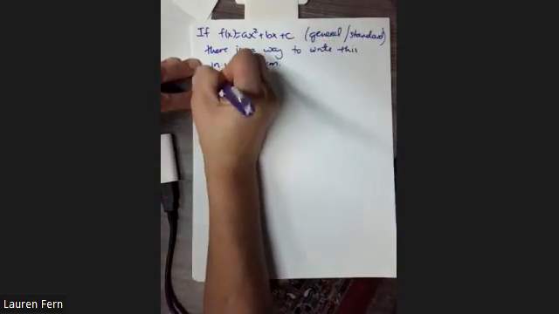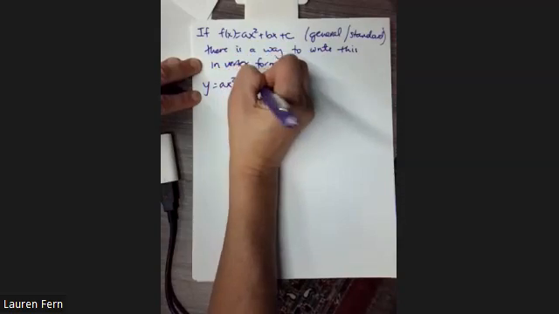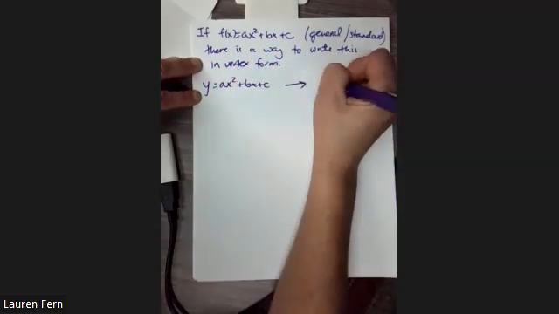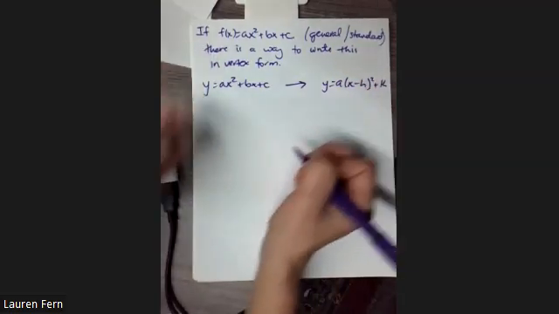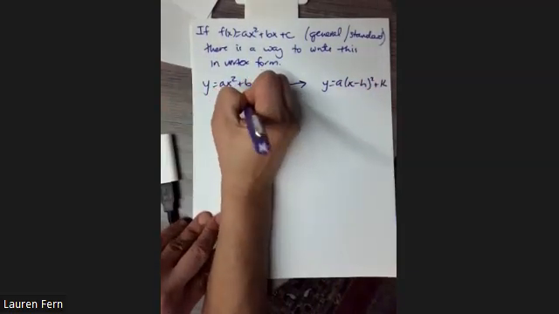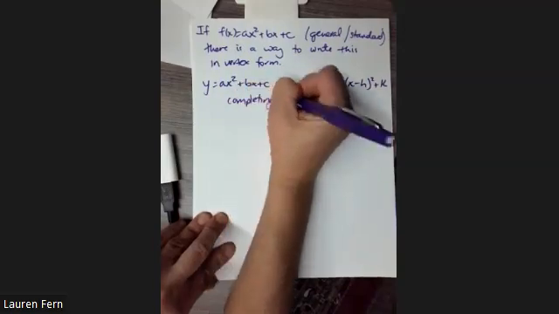In other words, starting out in this form and changing it to that form. It's by a method called completing the square.